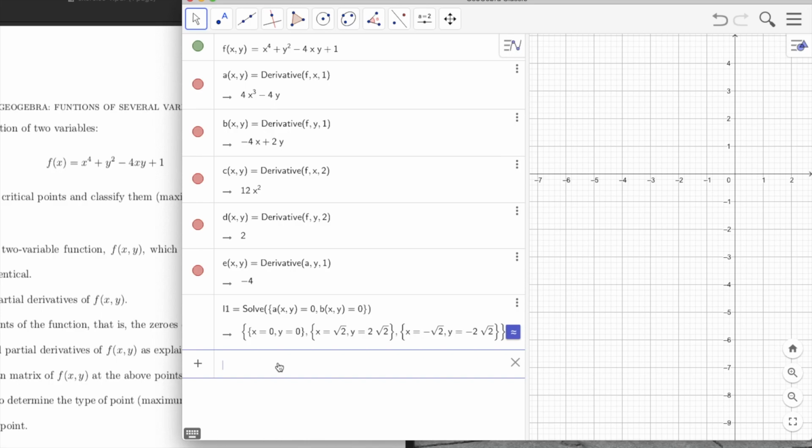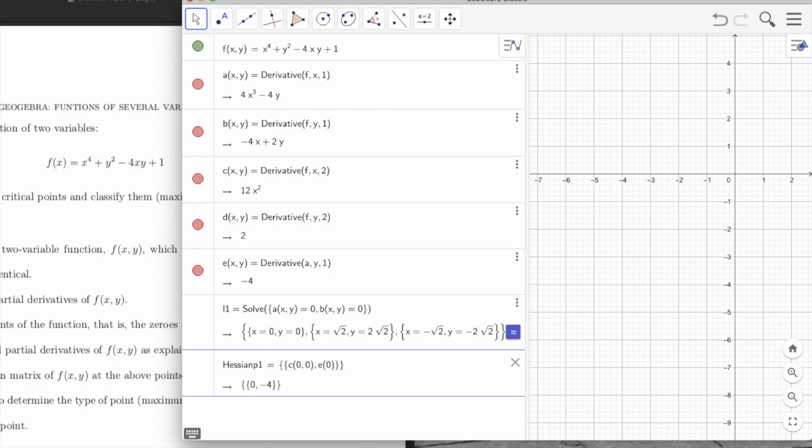So here is the Hessian for (0,0). Let's call it P1, the first point. This is a matrix, so we open the matrix. First goes the second derivative with respect to x at (0,0), and then on the first row goes the mixed derivative with respect to x and y, which is e.